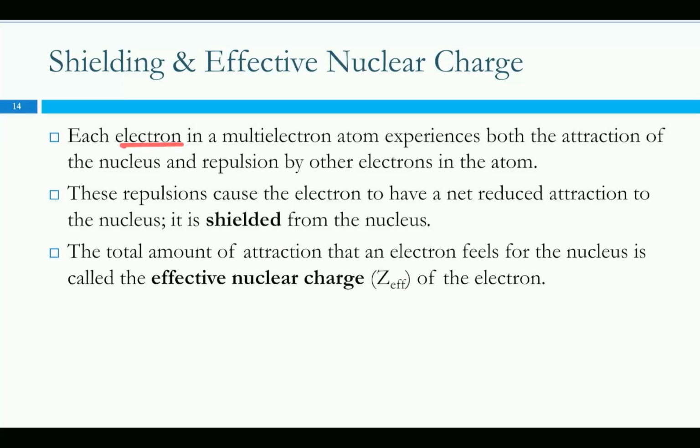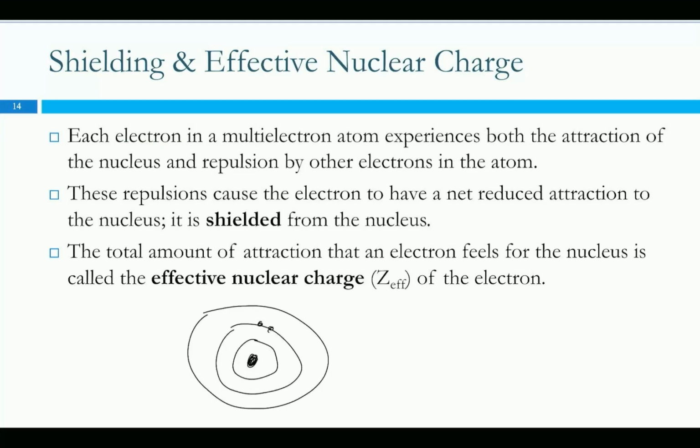Each electron in a multi-electron atom experiences the attraction of the nucleus. So I'm going to draw a simplified atom and electrons. Remember, they're not actually like this, but you can use this to visualize. These are my little electrons on the outside.